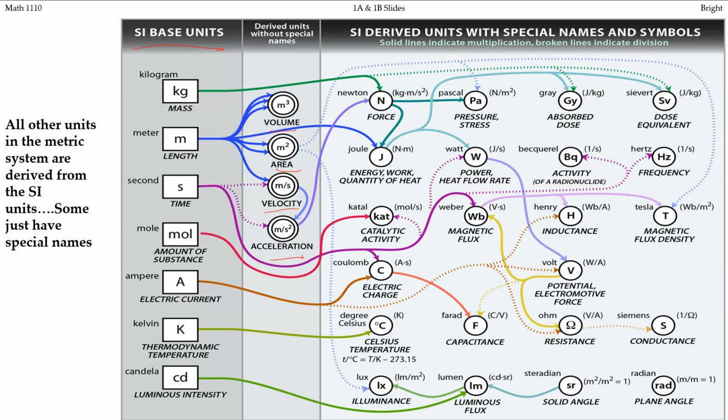And then other quantities, like force, pressure, energy, for example, those are all SI derived units. So that is to say, like a joule is composed of a Newton meter, but a Newton is kilograms, meters, and seconds. So three different units go into making up a Newton.